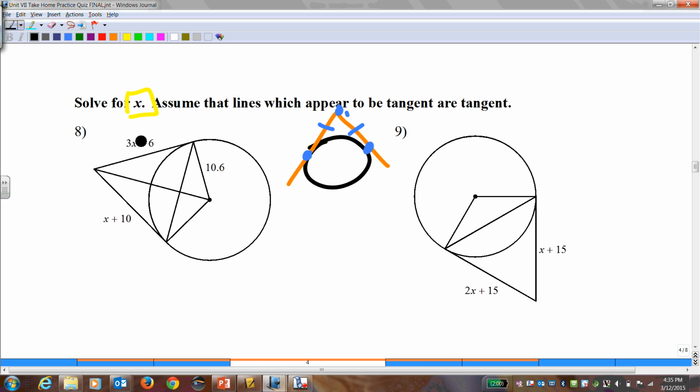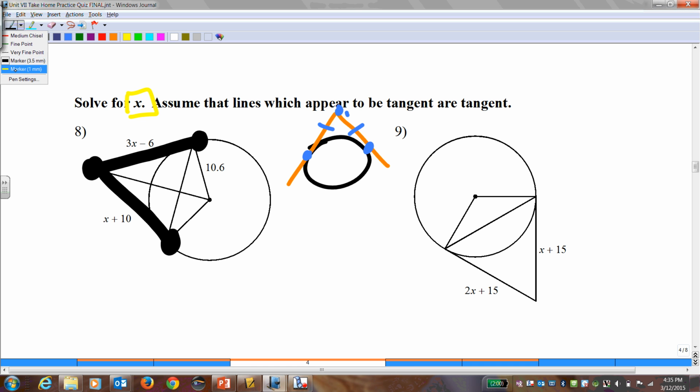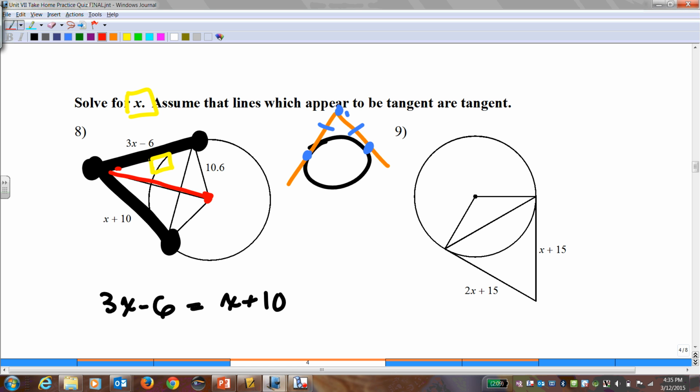So step 1, we know that this is equal to that, so you can use that to solve for x. So we have 3x minus 6 equals x plus 10. You solve for x. In this case, all you're asked is to solve for x. But on the quiz, once you have that number, I might ask you to find the red as well.